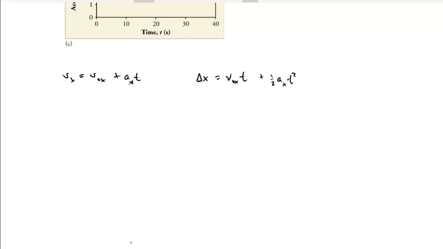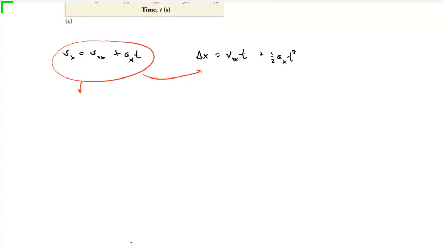And let's take a look at this first one here. So let's say that we're not given time. We could solve this one for time, and then we can plug it into this one and come up with another kinematic equation that doesn't include time in it. In case we're not given that, we can save ourselves a little bit of work there.